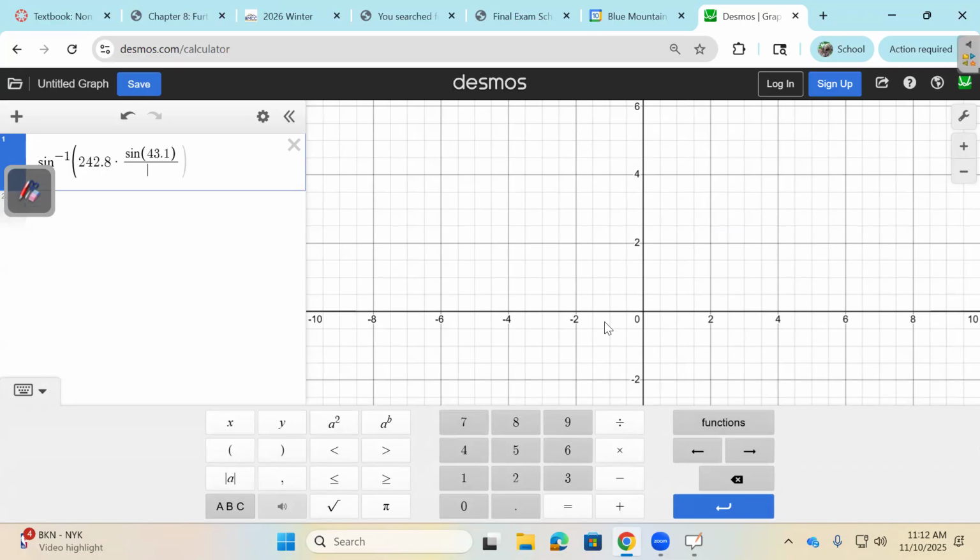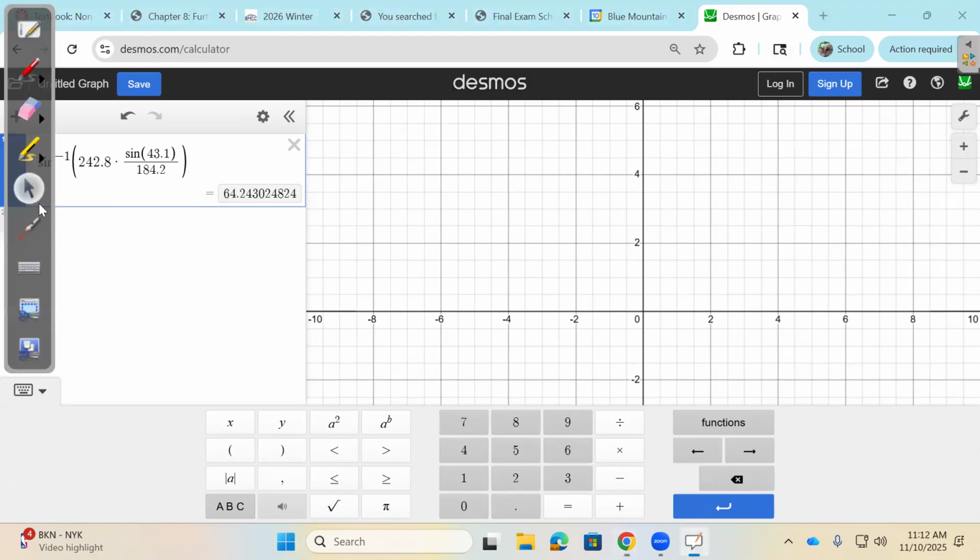Oh, 184, other one, yes, thank you. 4.2. All right, so it looks like we're getting around 64 degrees, 64.24-ish. And again, we can always hang on to more decimal places there.